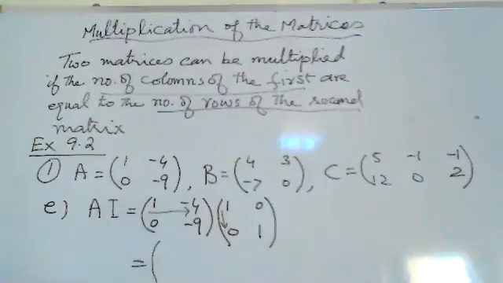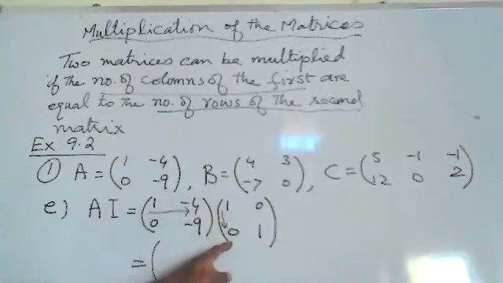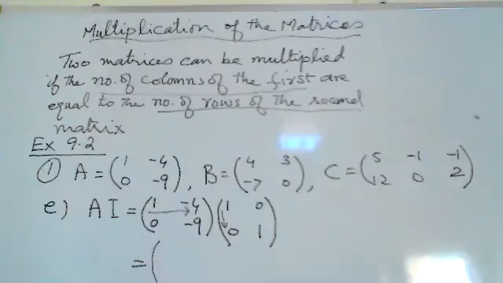First row is being multiplied with the first column, therefore the answer will be in the first row, first column. When the first row is multiplied with the first column, the answer will be in the first row and first column.